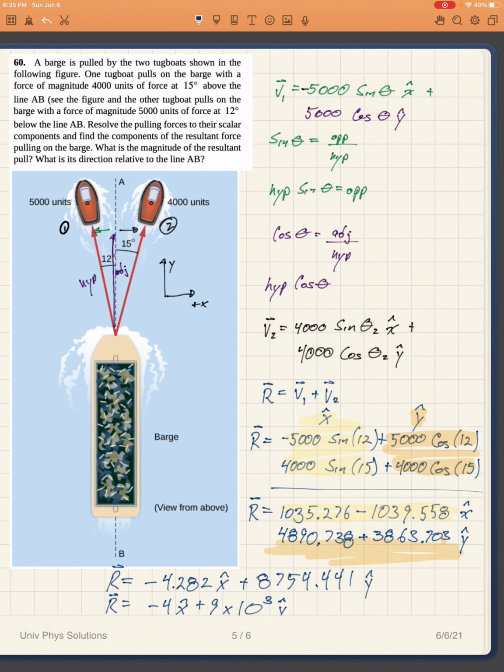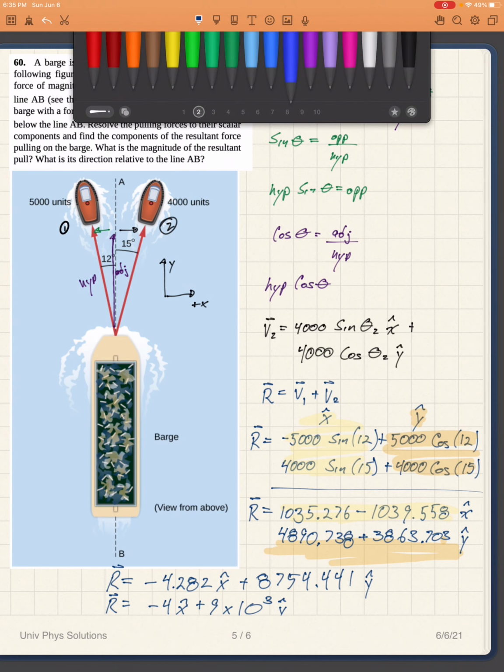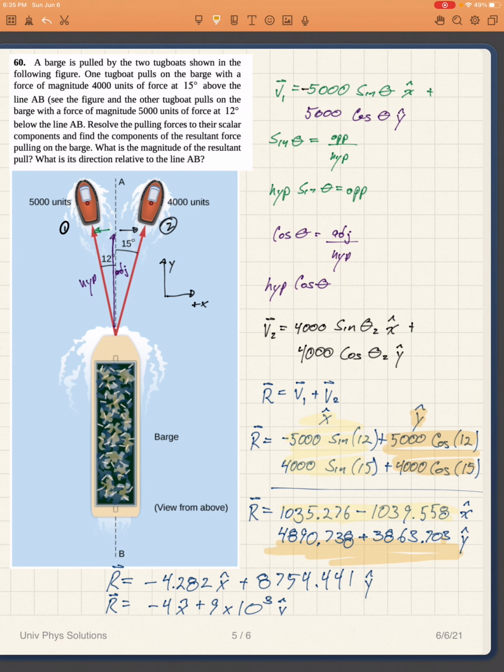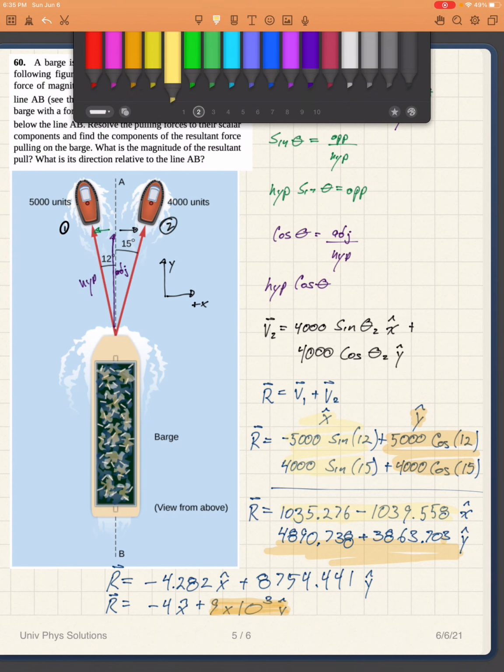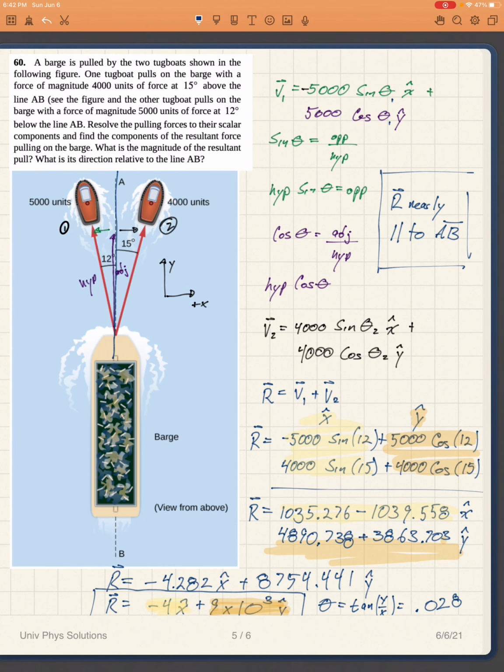So we see then that because this number in the y is so much larger than this number in the x, my resultant vector will be almost right along the y-axis. We could find exactly the angle by just taking the inverse tangent. Now the problem asked for the magnitude.